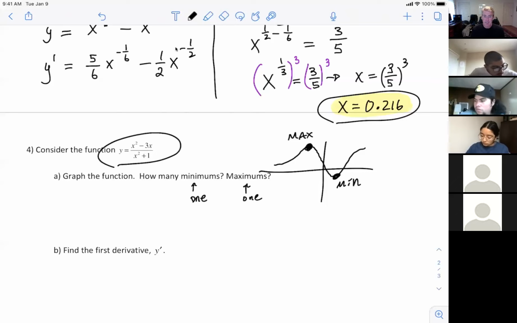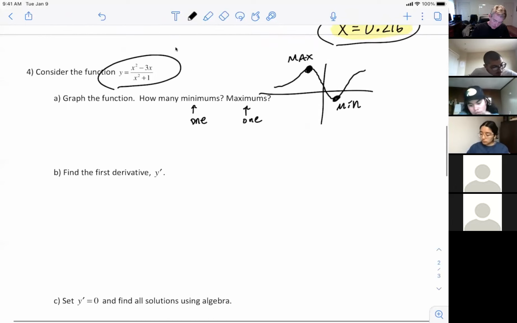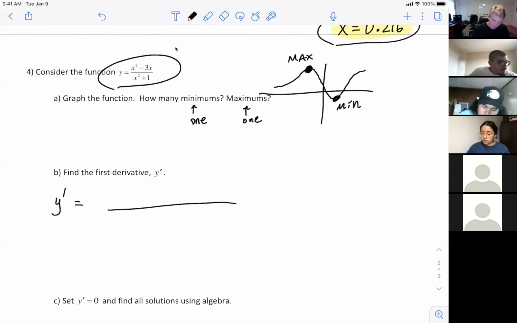For this one, there isn't really any algebra that I could do to simplify it, so we're going to have to use the quotient rule. Starting on the top, the derivative of the top is going to be 2x minus 3. And then just copy down the bottom, x squared plus 1.